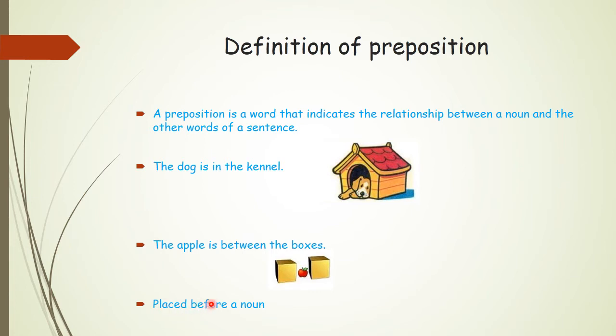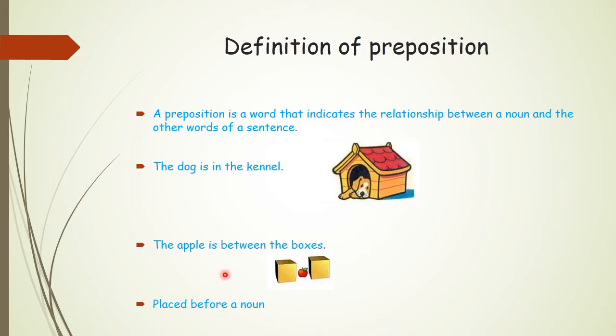Another important point that you have to remember is that prepositions are always placed before a noun. If you check this sentence, kennel is a noun, and the preposition in comes just before the word the kennel. Likewise, box is a noun and the preposition between comes before the noun boxes.